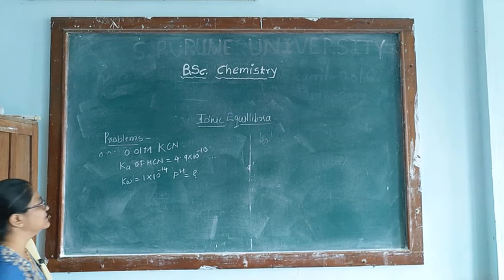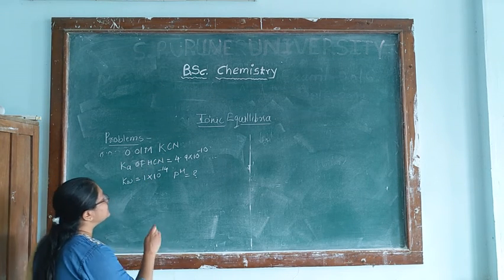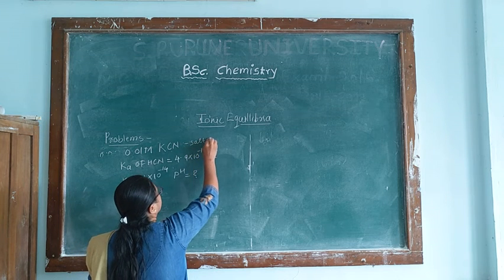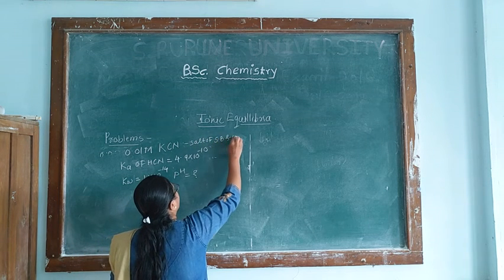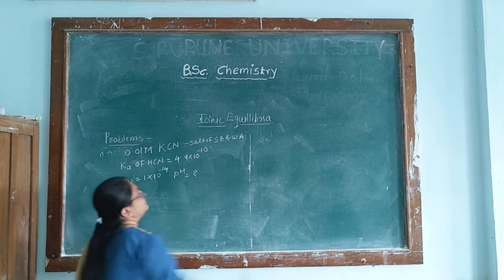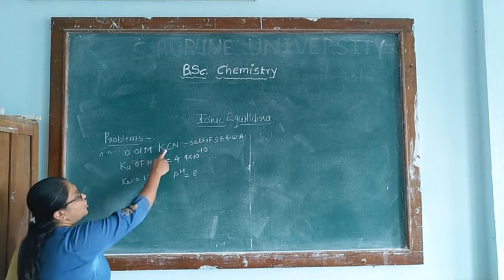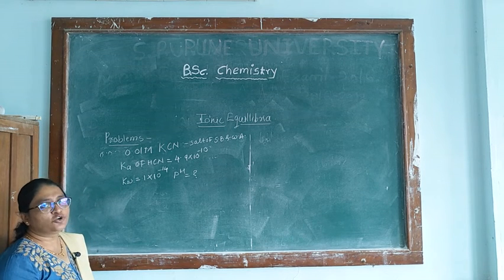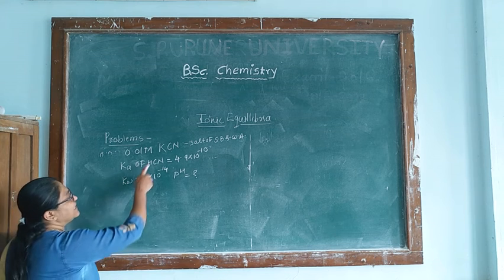On hydrolysis, KCN, potassium cyanide, is again a salt of a strong base and a weak acid. HCN is a weak acid. This salt is formed from potassium hydroxide and hydrogen cyanide, that means a strong base and a weak acid.